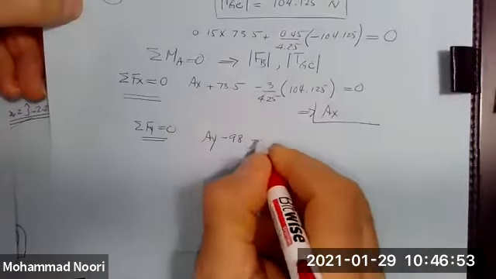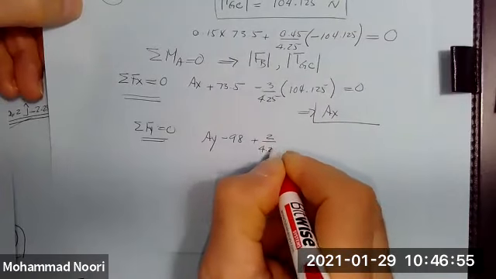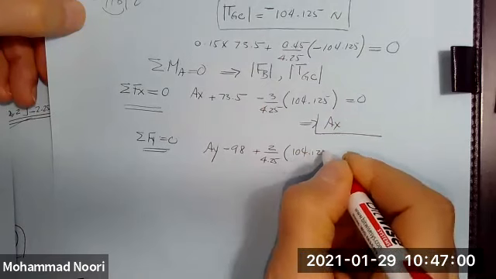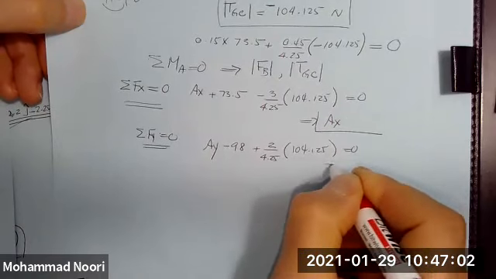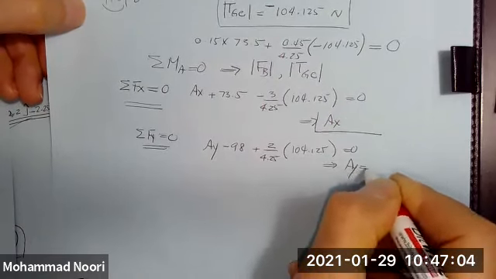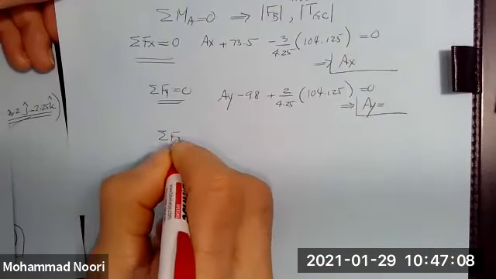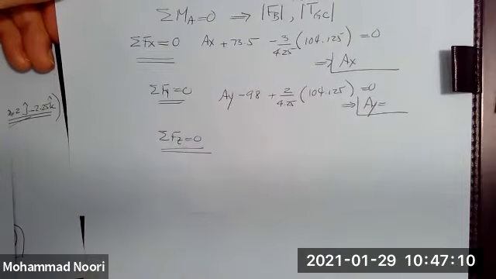So plus 2 over 4.25 times 104.125 is equal to 0. So that will give you AY. And now summation of forces along Z is equal to 0.